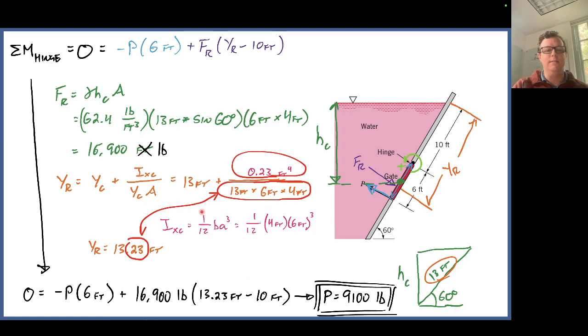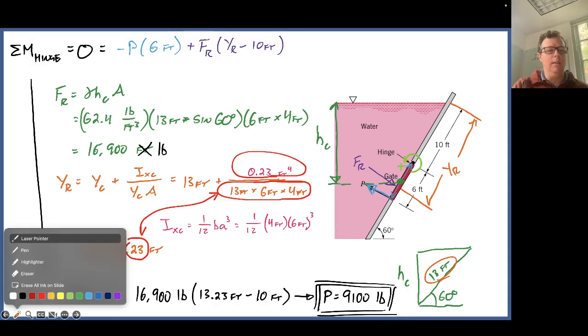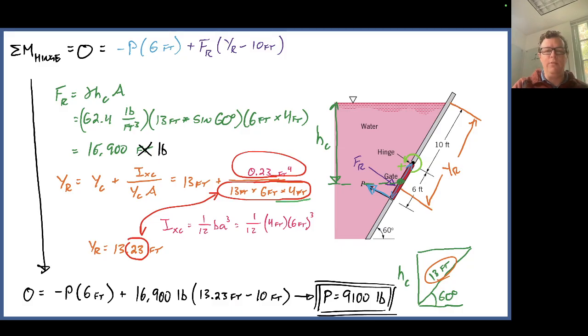And I think that 0.23 is, let me grab a different pen color here. This chunk that I'm boxing in, I think that totals up to 0.23 feet, and that this IXC value in the numerator is actually different. I'm sorry for having that typo in the slides, but at least we caught it in real time, and hopefully that's making sense for y'all to fix it.